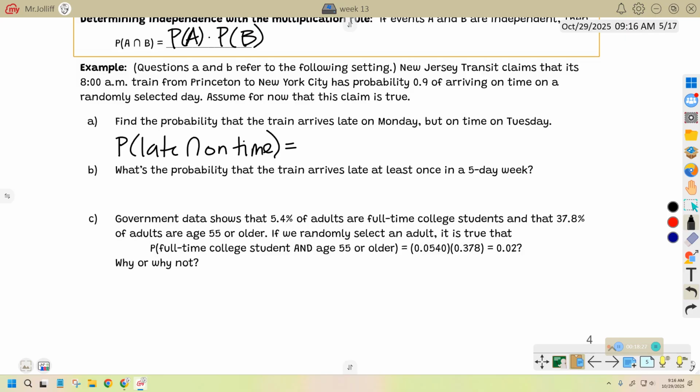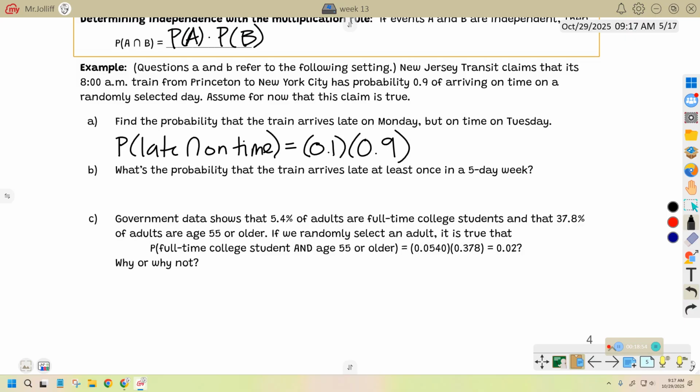Ooh, where'd that 0.1 come from? Very good. If there's a 90% chance it's on time, there's a 10% chance it's late, assuming that early is not an option, and my assumption is they're lumping early with on time.